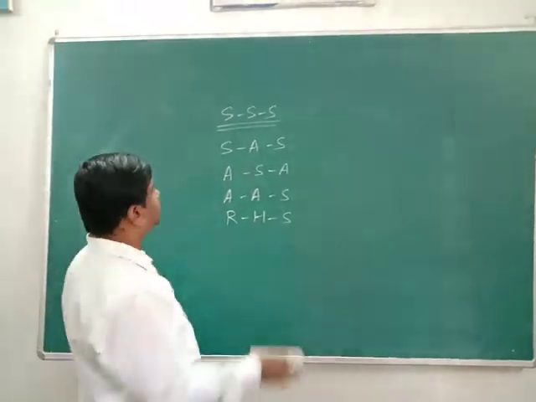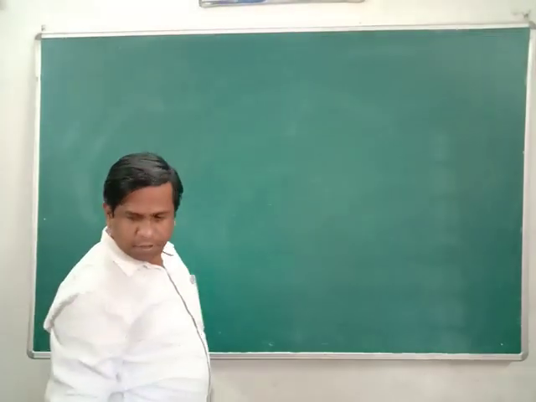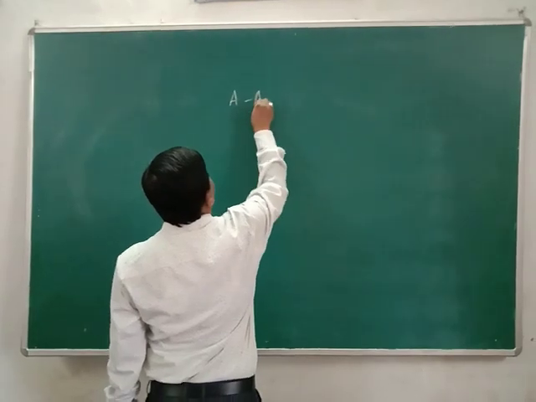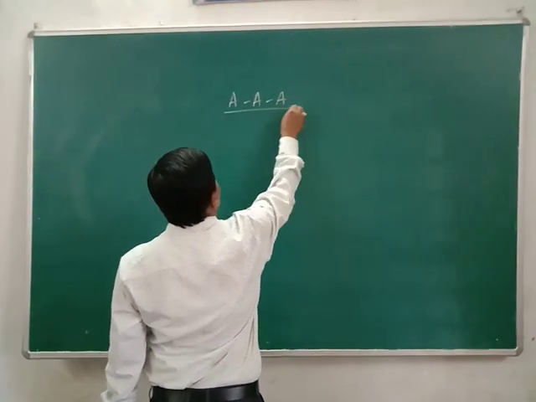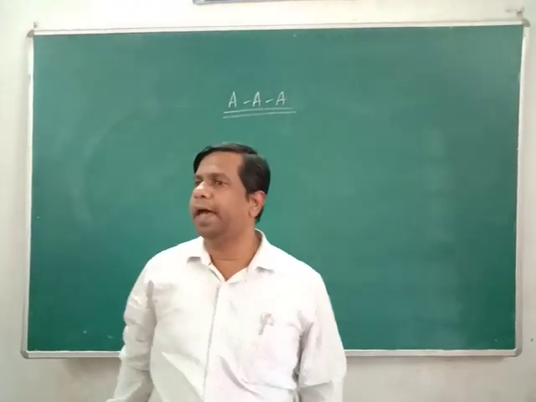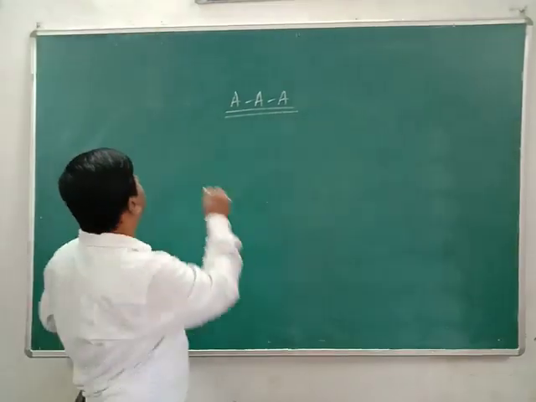Okay, so first let us say there is a criteria that is called AAA. So what is AAA? Angle angle angle. So what is this statement?